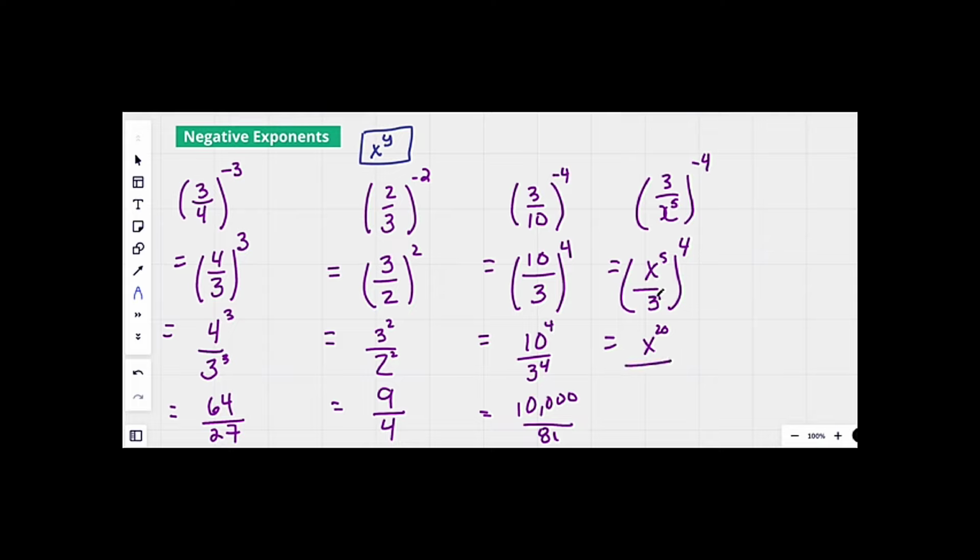So again, this 1 times the 4 is 4. So this becomes 3 to the power of 4. Okay, so now we can solve for that. That is x to the power of 20 over 81, because 3 to the power of 4 is 81.